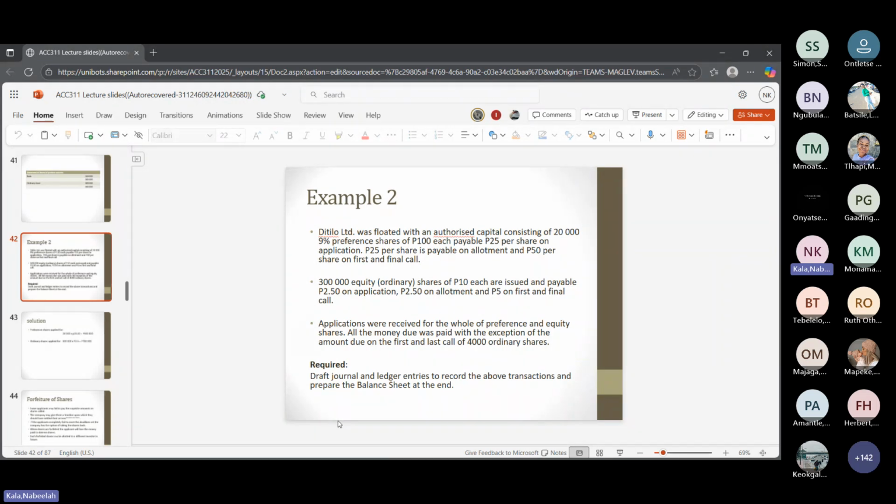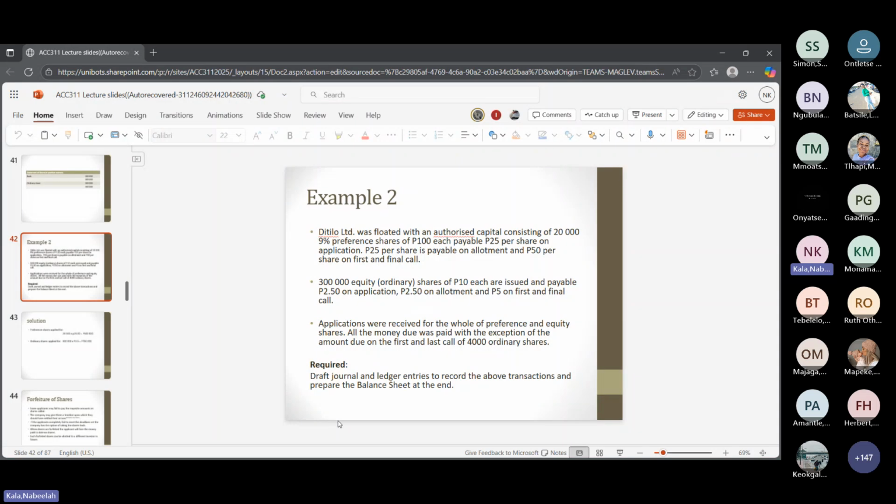Each share is payable as follows: 25 per share on application, 25 per share on allotment, then 50 puller per share on first and final call. And 300,000 ordinary shares of 10 puller each are issued and payable 2 puller 50 on application, 2 puller 50 on allotment, and 5 puller on first and final call.